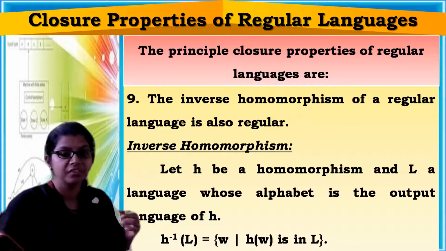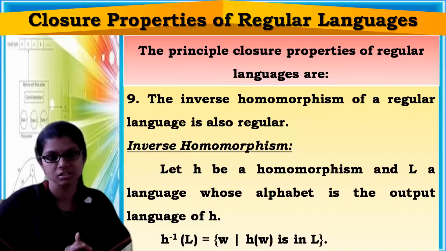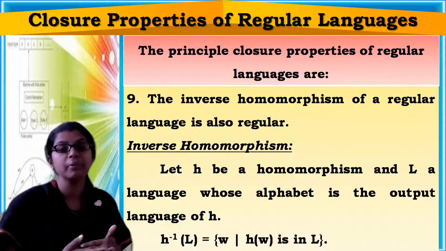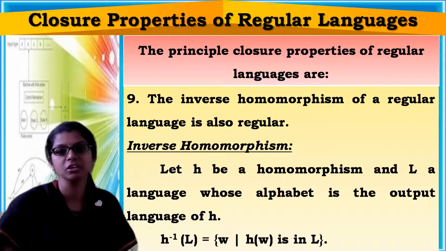Now, if you apply inverse homomorphism on your language, you will get a string w. Now, when you apply homomorphism h of w on that string, that result will be in your language.